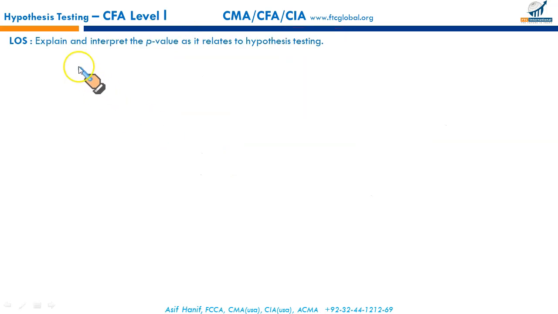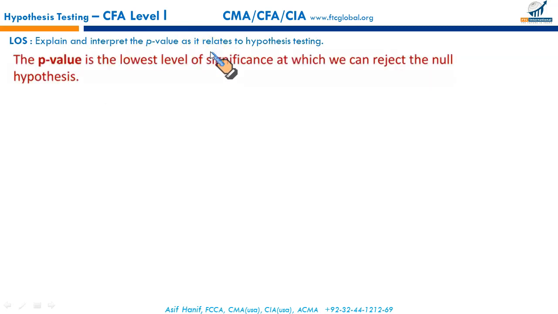Your next LOS is explain and interpret the p-value as it relates to hypothesis testing. What basically is p-value? P-value is the lowest level of significance at which we can reject the null hypothesis. Now, how does it look like? Let's say this is your normal distribution.